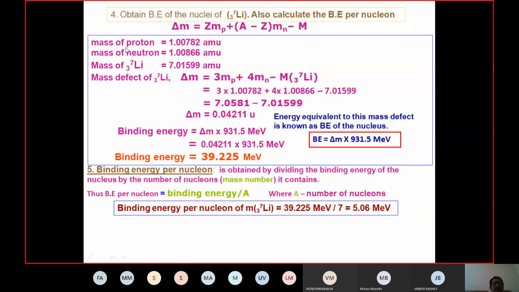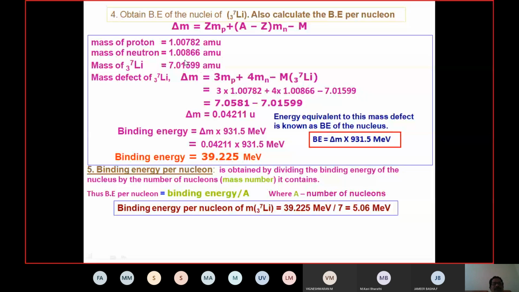You know that the mass of a proton is 1.00782 atomic mass unit, and the mass of a neutron is 1.00866 atomic mass unit. Now we find the mass of lithium. For lithium, 3 is the atomic number and 7 is the mass number. The whole mass of lithium is 7.0159 atomic mass units, which is found from mass spectrometry.